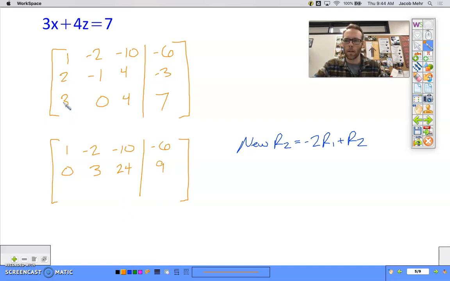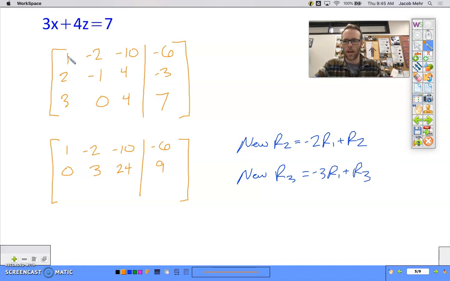Okay. Now, while we're at it, instead of writing a whole other matrix just for that one step, let's get a new row 3 while we're at it. Our new row 3, well, we need this to be a 0. How am I going to get that to be a 0? Let's take -3 times row 1 plus row 3.